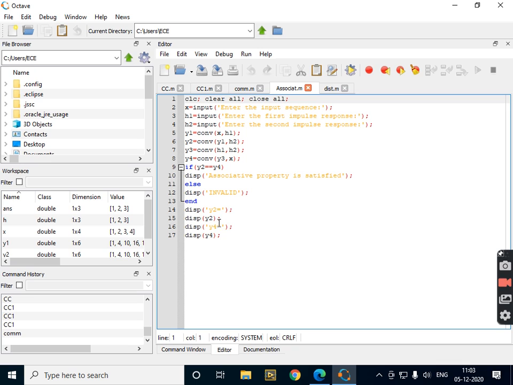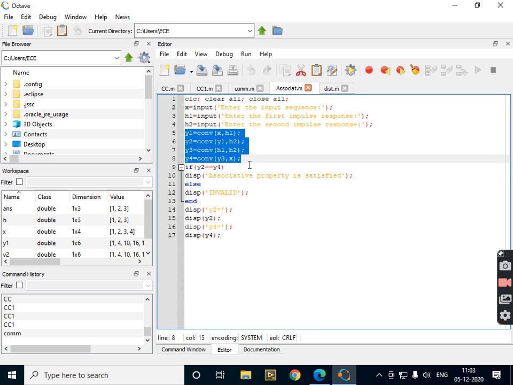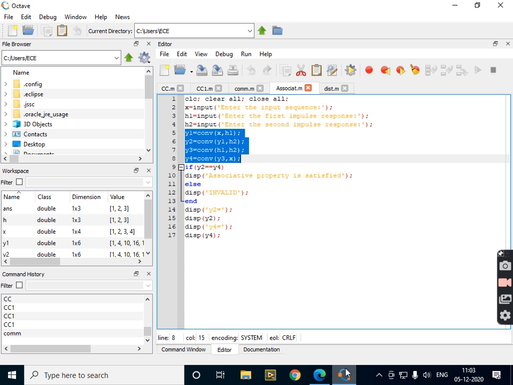Now the associative property. For the associative property, we'll require 3 sequences. We'll take them from the user, and then in different combinations to satisfy the property statement, we'll use the convolution function.